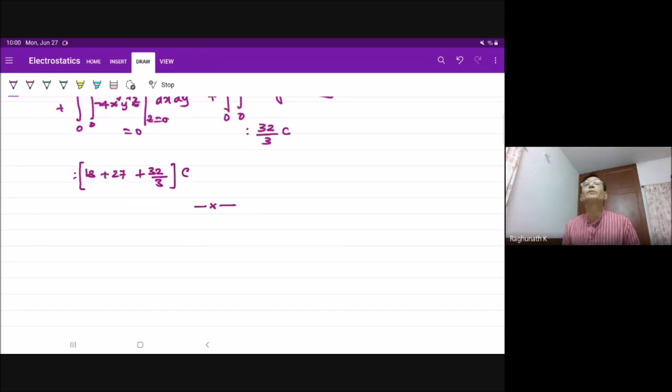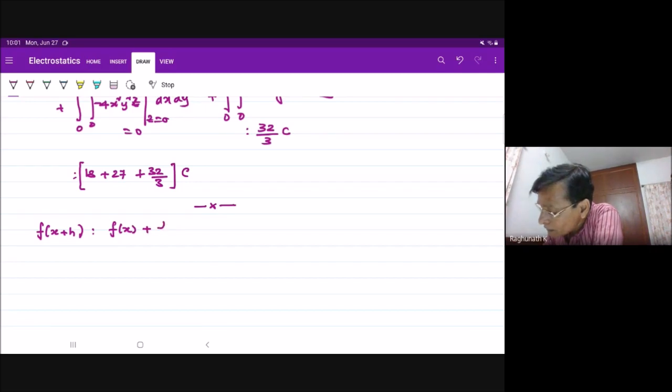In the expansions of the functions, we saw that f of x plus h is equal to f of x plus h into f dash of x plus h squared by 2 factorial into f double dash of x. You agree with this?